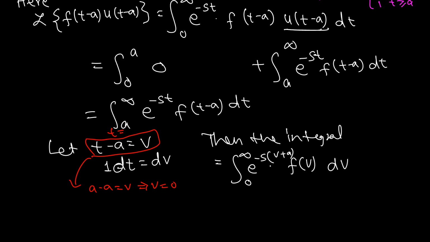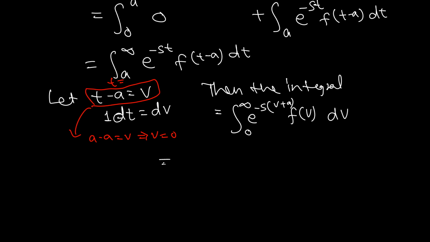Okay, let's work on this. So this is the integral from 0 to infinity of e to the, let's distribute negative s, so negative sv minus sa, that's times e to the negative sa. When we distribute and separate into two factors, we get this f(v) dv.